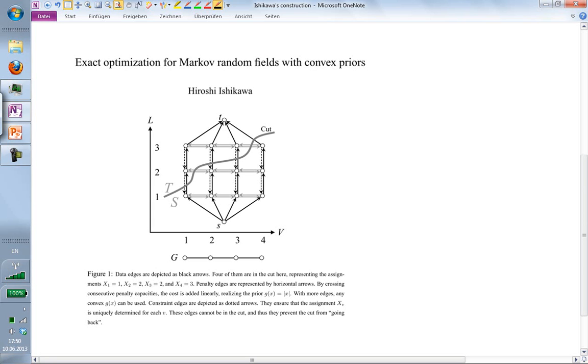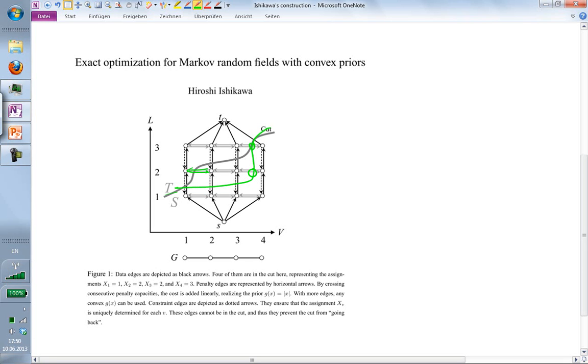So the gray arrows encode the smoothness assumption. And let's say if I wanted to make a transition directly, if I had a different cut, let's say my cut moves along here and then goes up there, then I have to pay a penalty here because I cross these edges, and another penalty there.